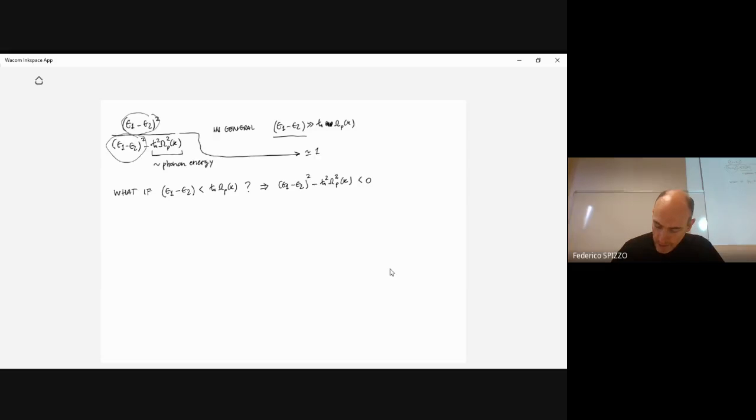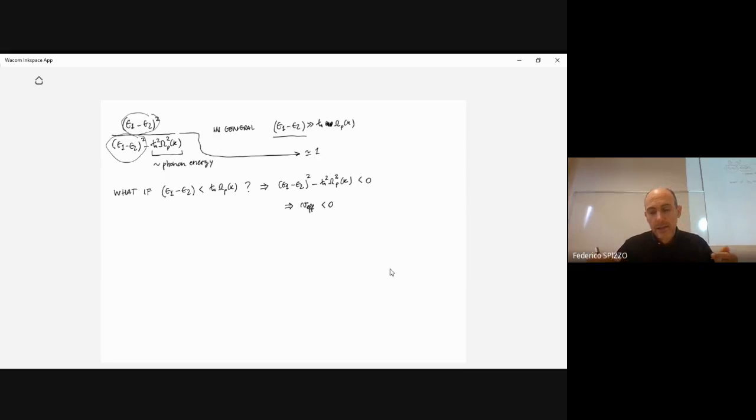So if that is smaller than zero, then the effective potential is negative. This means that the electrons are affected by an attractive interaction, not by repulsion. In general, electrons have a repulsive interaction because they have the same charge, but in this specific situation, the electrons have an attractive interaction.